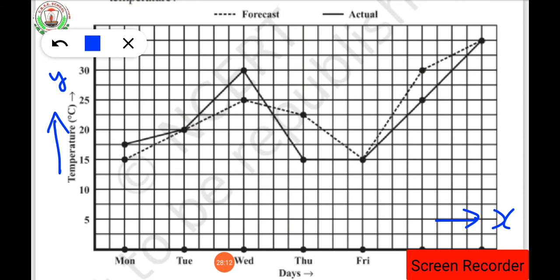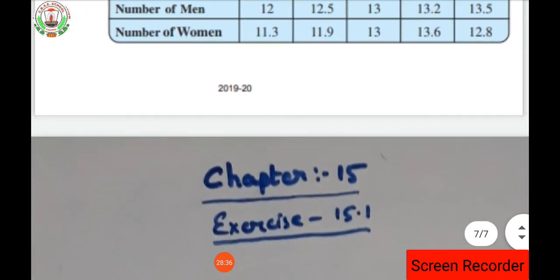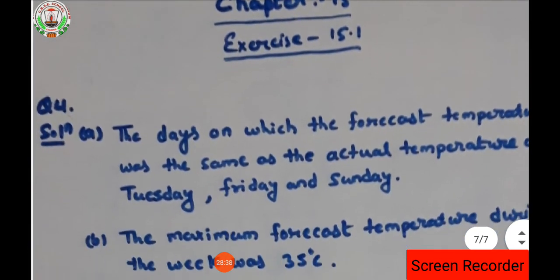Okay, so Monday to Sunday, the days are mentioned, and the temperatures are mentioned in the y-axis. Then this indication is called the unit. So the dotted line will show you the forecast, and the solid line shows you the actual temperature. Okay, so is it clear to everyone?